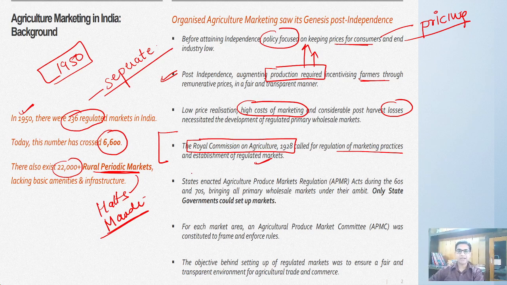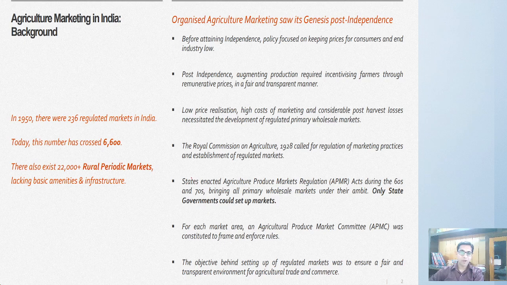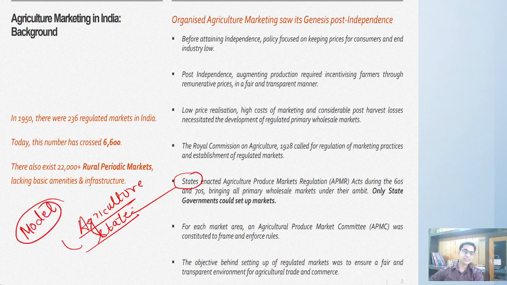Okay, so state government. Why are we talking about the state here? The reason is that agriculture is a state subject. The central government cannot make rules; the central government can provide a model, but it is for the state governments to make their own laws regarding agriculture, because agriculture is a state subject in the 7th Schedule of the Indian Constitution.